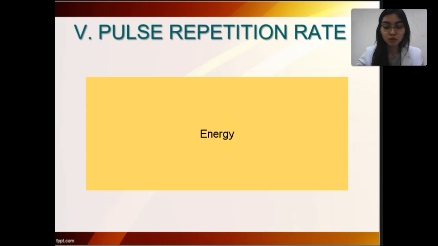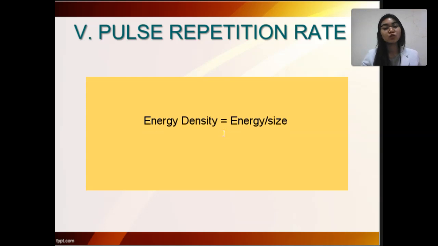As I have told you, the energy density is equal to the energy divided by the size. But I might also be asking you to determine the size itself. So, when we say transposing, ibig sabihin, we are switching sides.